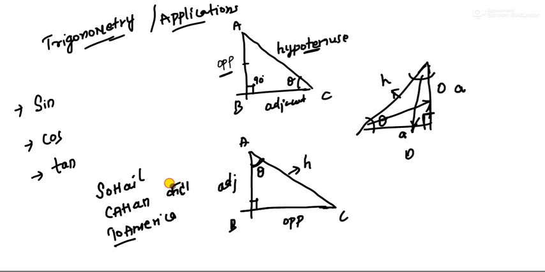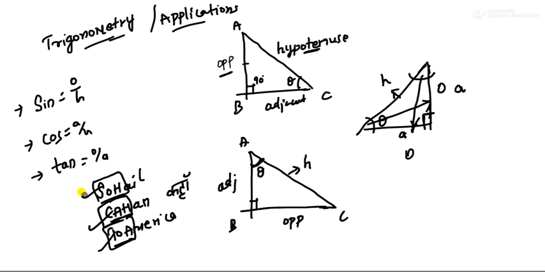So I have written: Sohail kahan, to America. Just the first three letters will give you the formula. S is for sine, C for cos, T for tan. OH means opposite by hypotenuse, which I have written first here; that will be the numerator, the second will be the denominator. A by H. And this is O by A. That's all. If you know this trick, you can easily remember this formula.